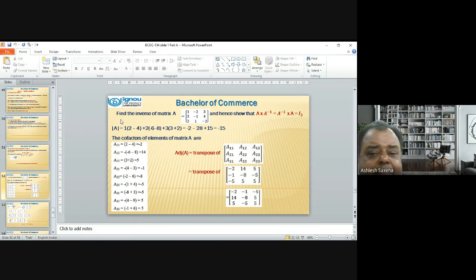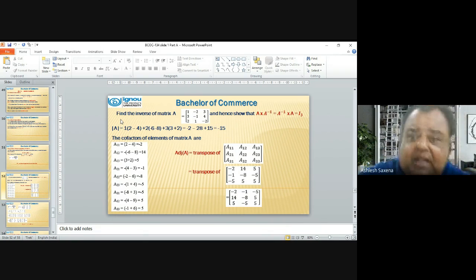Let us pick up a problem and see how all these things are calculated. Your matrix is [1, minus 2, 3; 3, minus 1, 4; 2, 1, minus 2]. Here we will be showing many things.